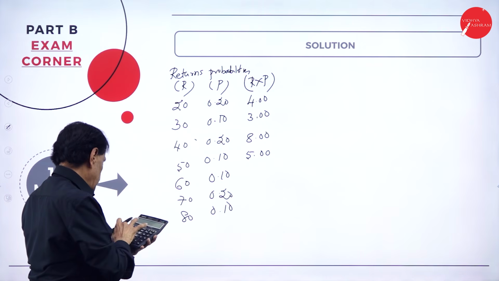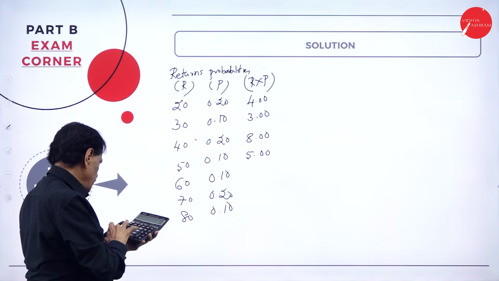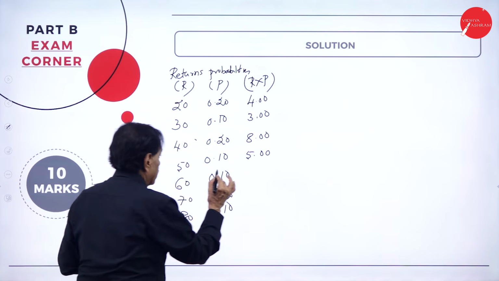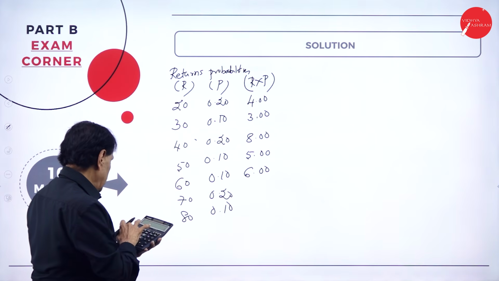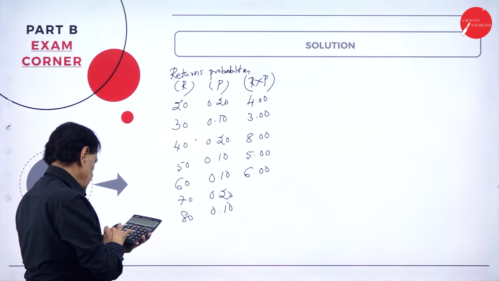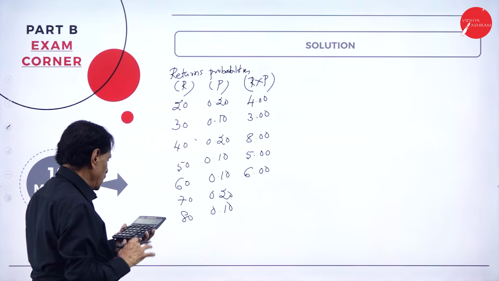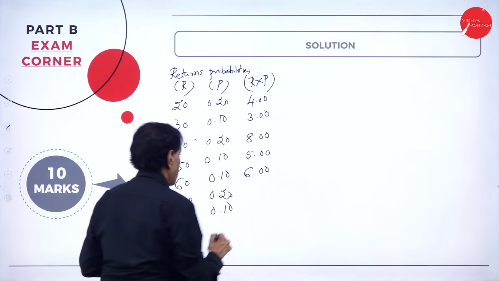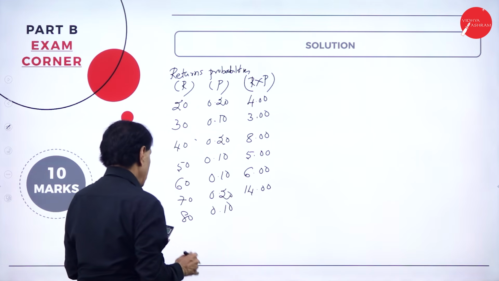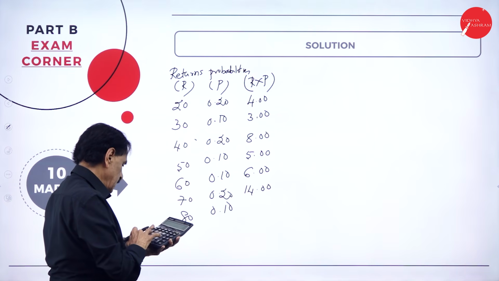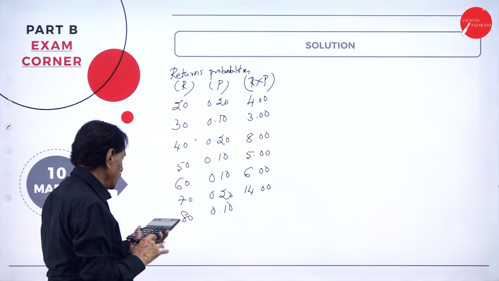Then 60 into 0.10, 6. 70 into 0.20, 14. 80 into 0.10, 8.